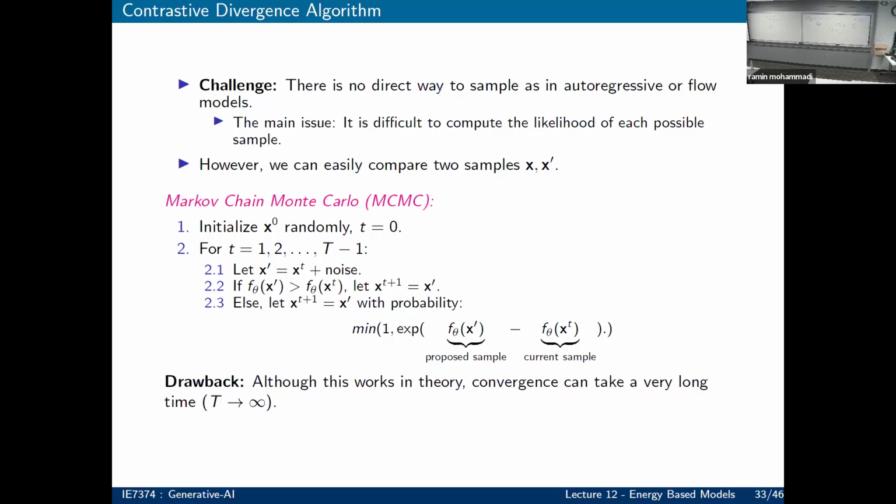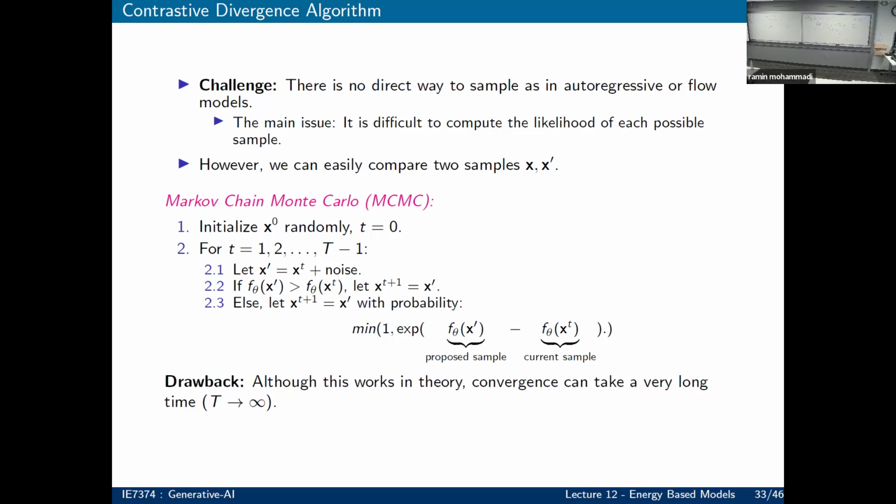So for a proposed sample with a new noise, you take the energy of that minus the energy of the previous noise, find that gap, pass it to an exponential, and between 1 and that term, you pick the minimum. With that probability, you accept it.